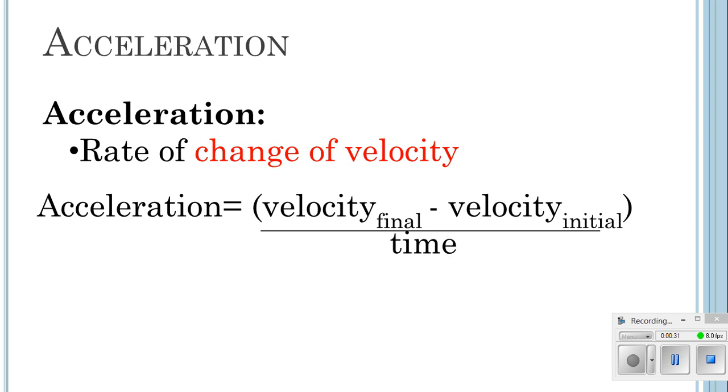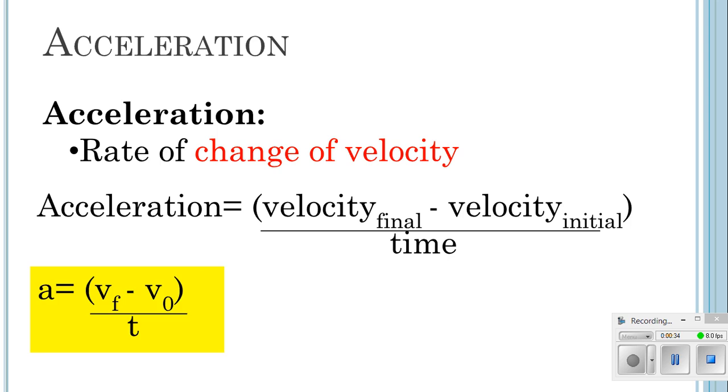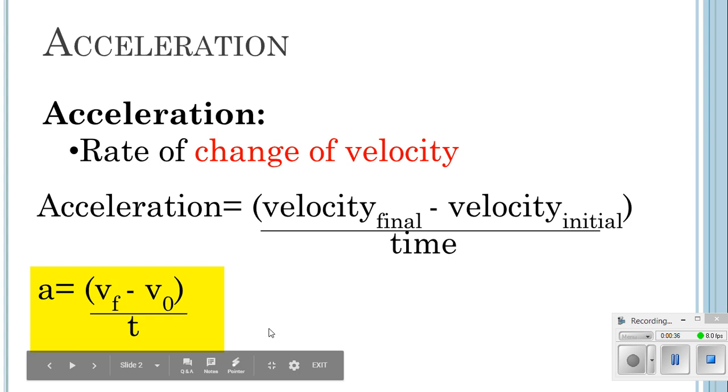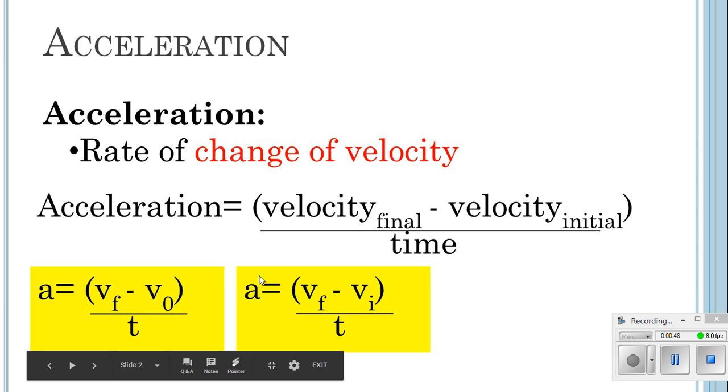When we look at the variables for this equation, we use a for acceleration and vf for final velocity, and v0, pronounced v naught, is the initial velocity, over time, so divided by time. Or you could see it as acceleration is equal to the final velocity, vf, minus vi for initial velocity, divided by time.